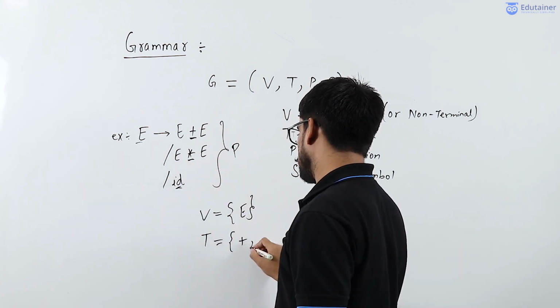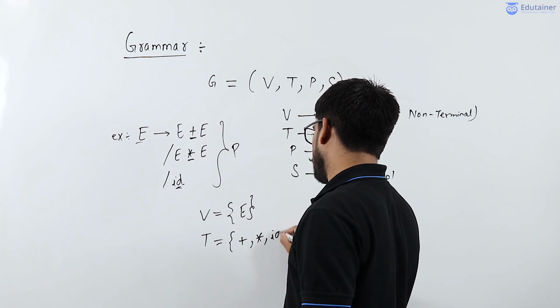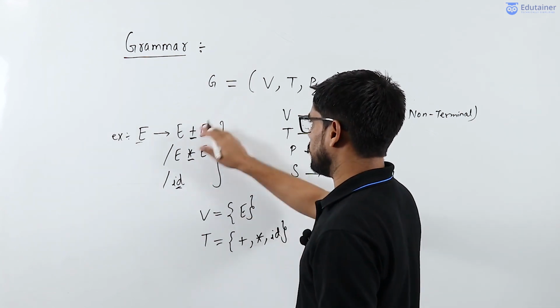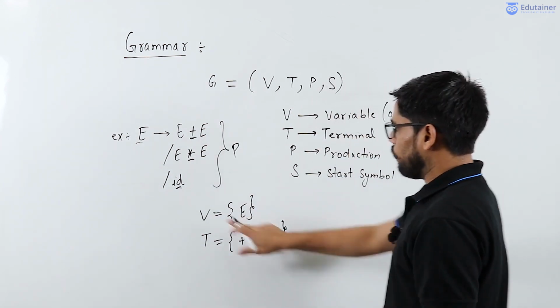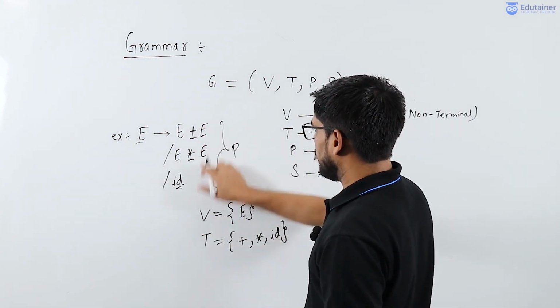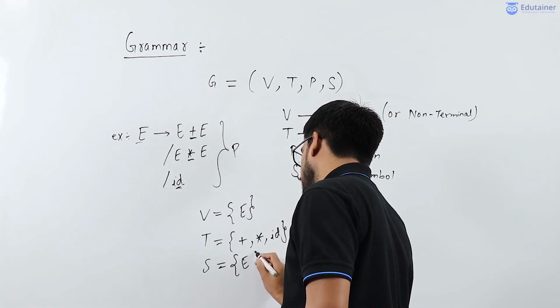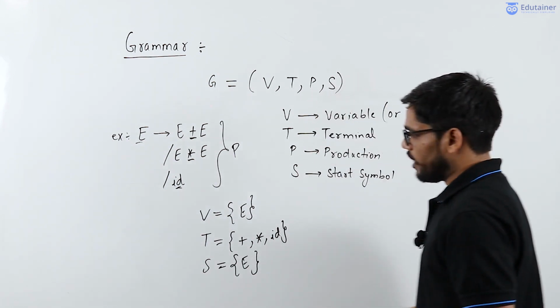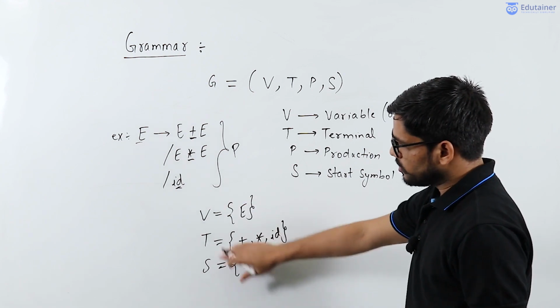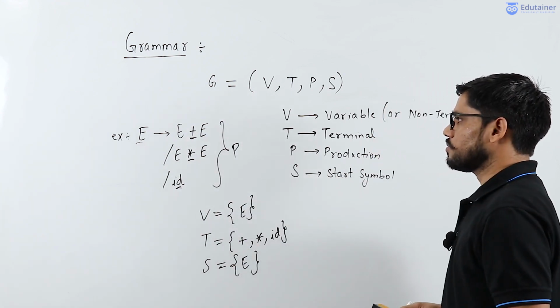So plus, star and ID are the terminals in this grammar. Okay, so that is V, T, this is P, and the start symbol is capital E. Okay, so we have identified the four terms in this particular grammar.